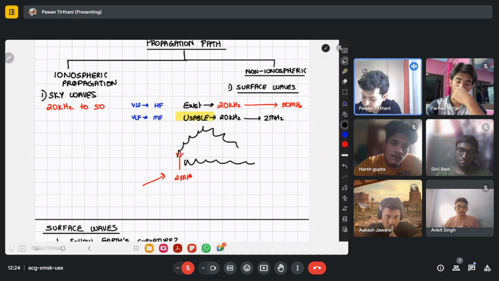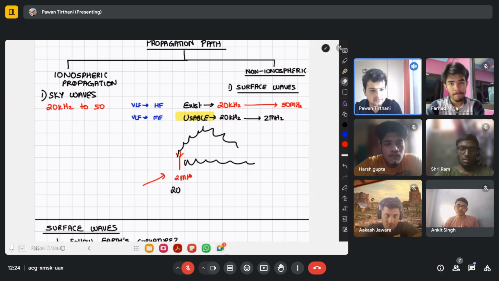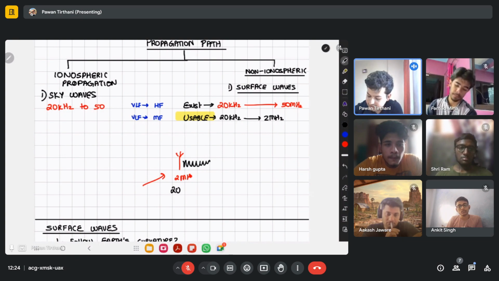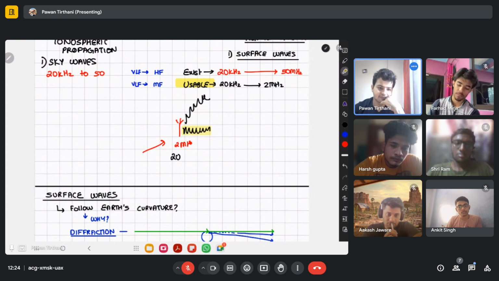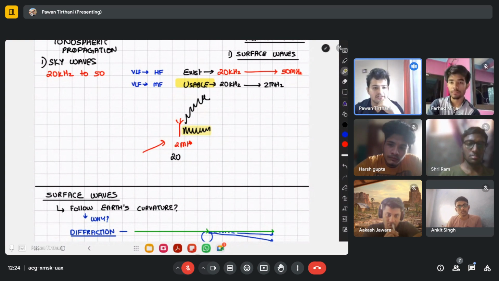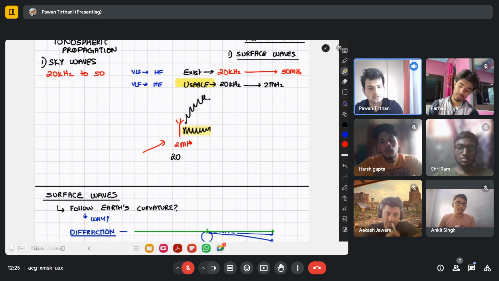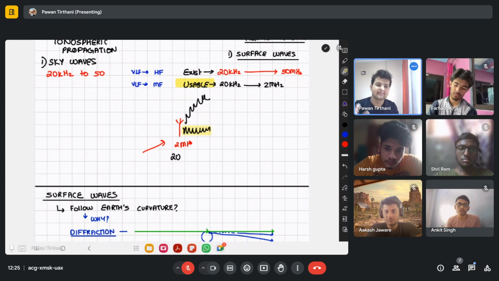Let's say if I put up a frequency which is 20 megahertz, this radio wave coming out of the antenna will get transmitted as both surface waves and sky waves, but the surface wave will not be able to go that far. Why? Because of attenuation. So surface wave is not useful over here. That is why frequencies above 2 megahertz predominantly travel as sky waves.